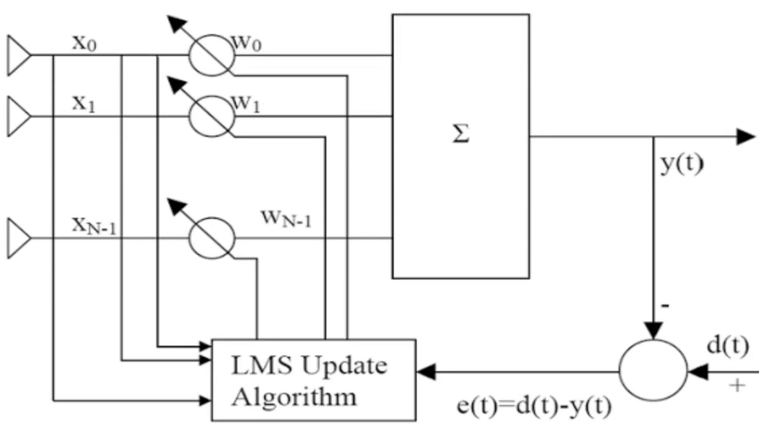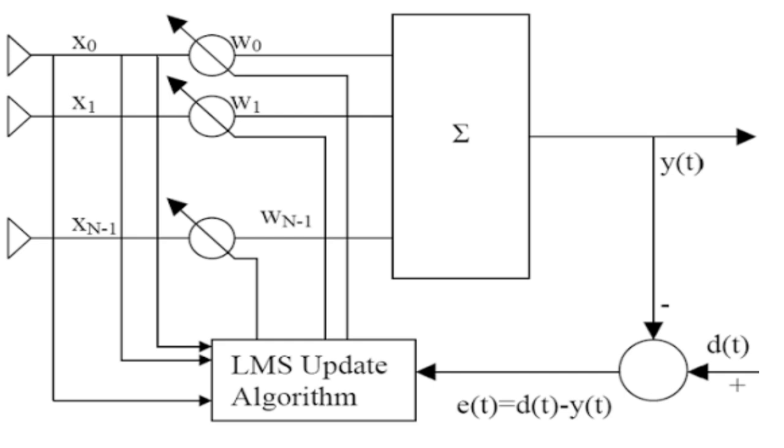This is the normal LMS update algorithm used in adaptive beamforming. See here we have x0 to x n minus 1 and omega 0 to omega n minus 1, y of t, d of t, and e of t equals d of t minus y of t. Based on that we generate this least mean square update algorithm.